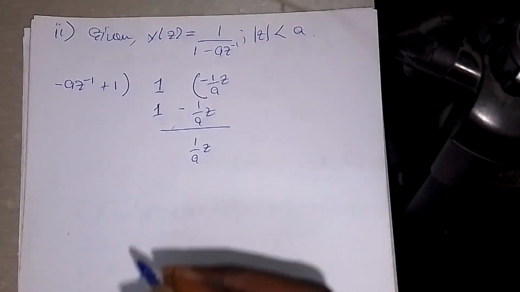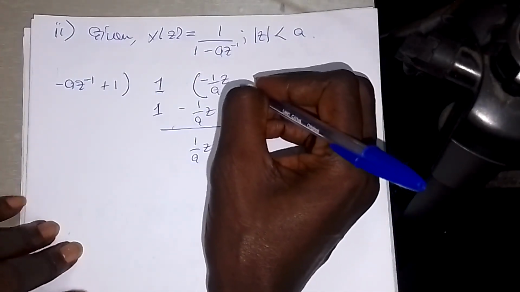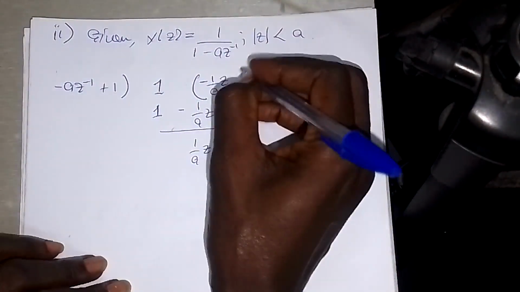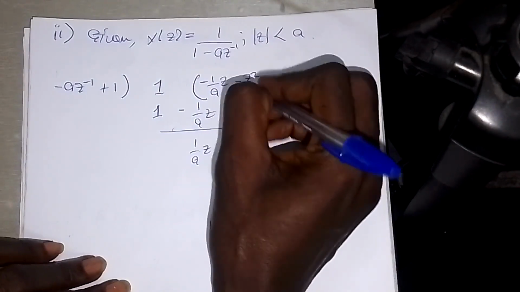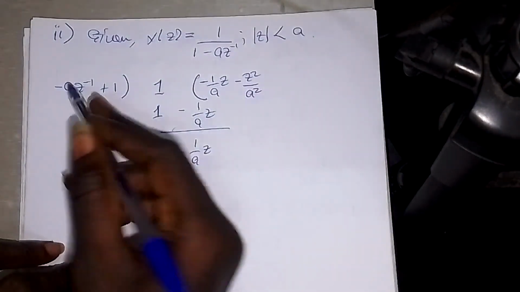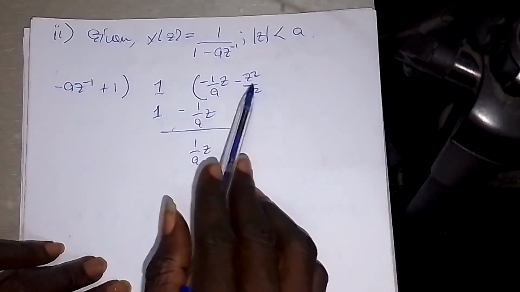So here I got negative z squared over a squared. Now this times this, how will I get it?